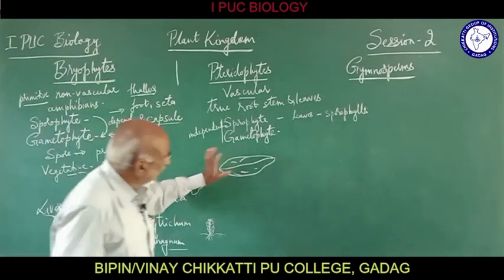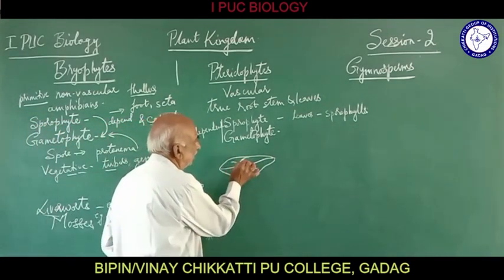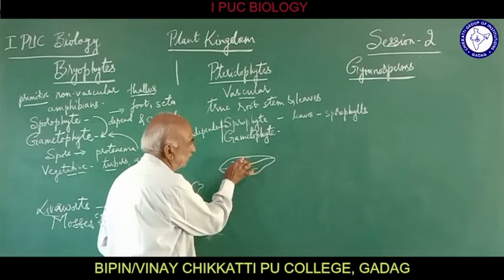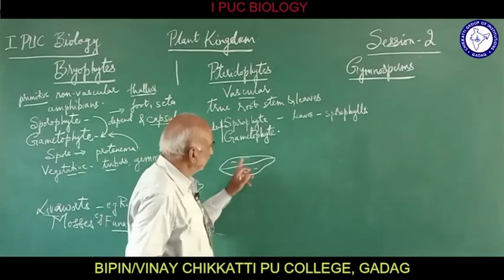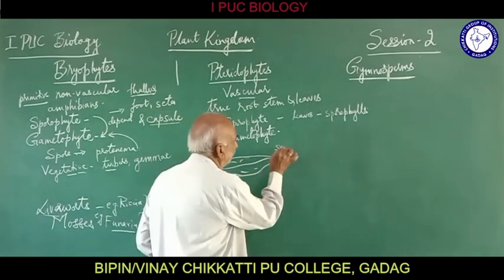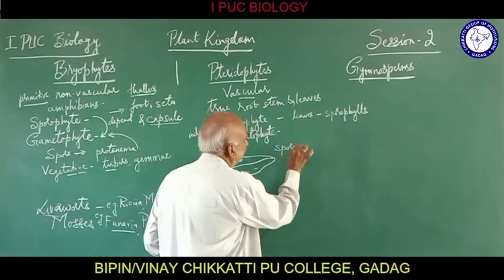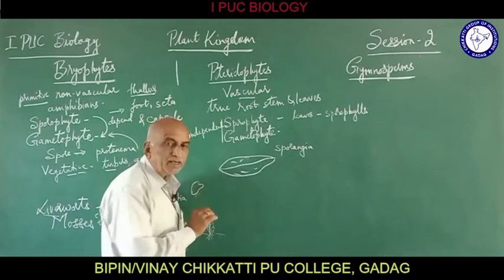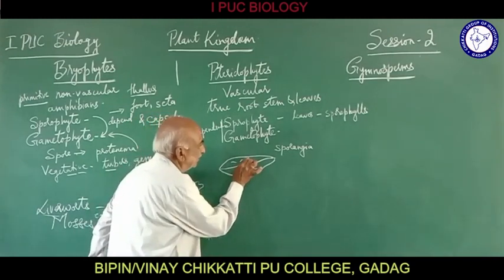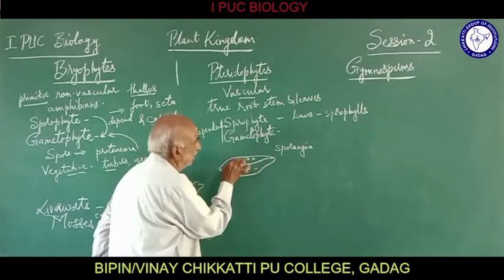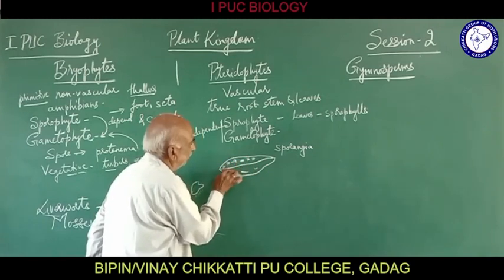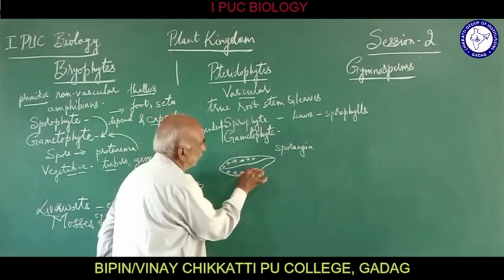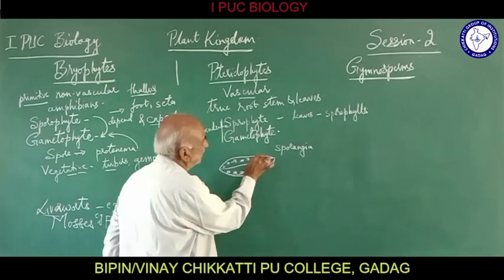This leaf produces spores in structures which are called sporangia. These sporangia are present in certain regions of the leaf, like this. So these are the regions where sporangia are present.